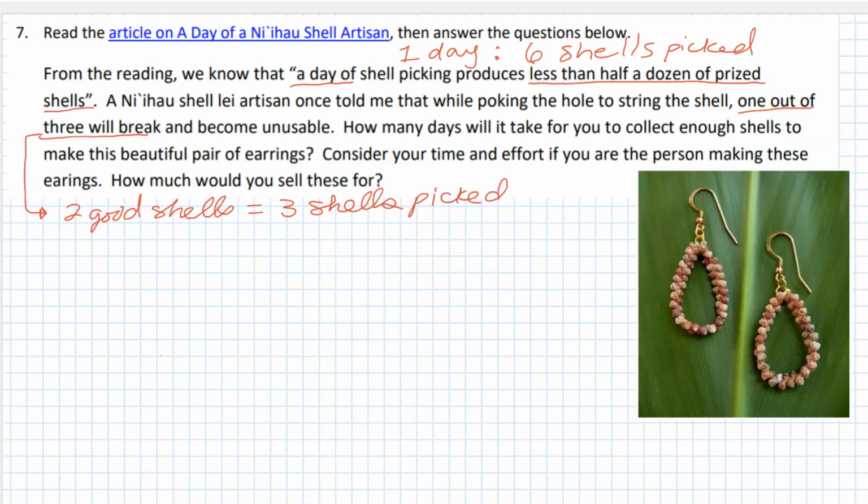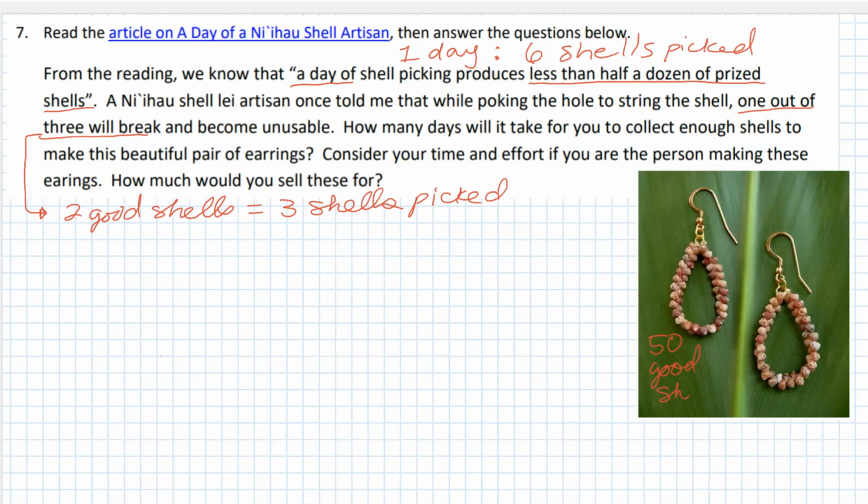Okay, and then the question said, how long is it going to take you to make this beautiful shell from the beginning, from picking to stringing this earring? Well, I need to know how many shells there are, right? So when I go and count it, I see 50. 50 what?